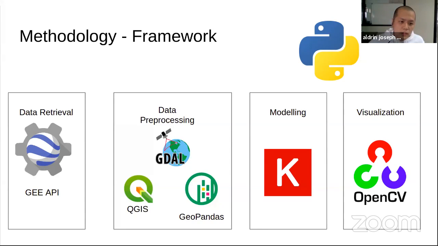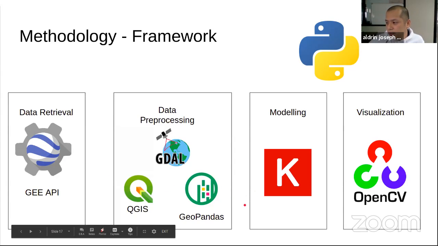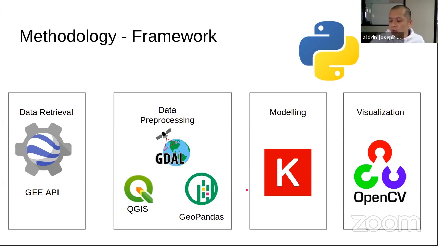Then the architecture shown earlier was built using Keras. After the model was trained, all the pixels inside a sample area were classified and the result was rebuilt and visualized using OpenCV.